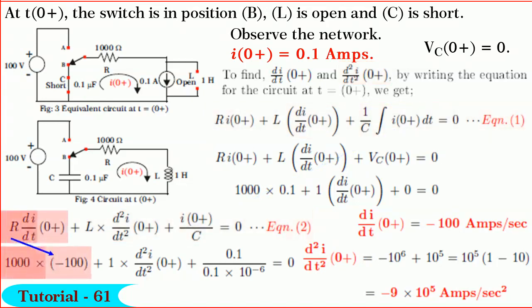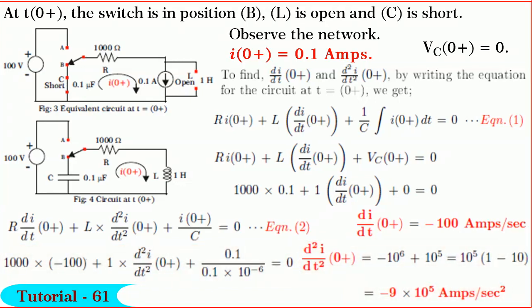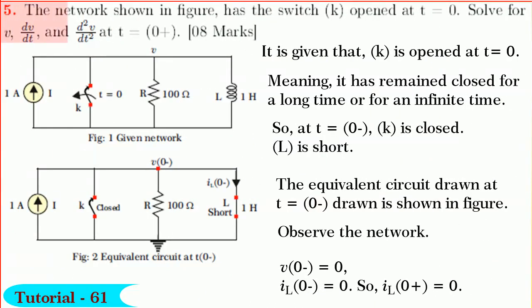By substituting the values and solving, we get d squared I by dt square 0 plus is equal to minus 9 into 10 to the power of 5 amperes per second square. It's very easy, isn't it, friends? Friends, next we shall solve question 5.